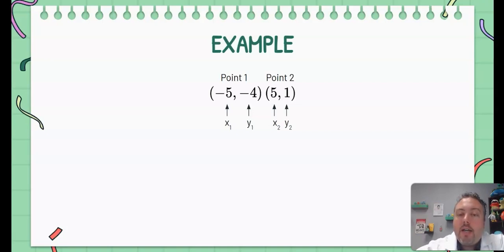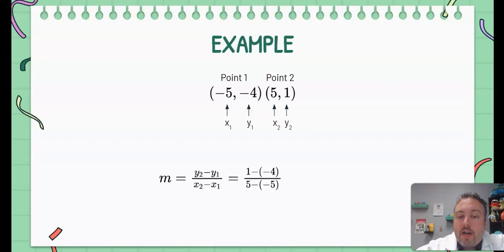The reason I take time to do this is because here's the slope formula. It uses y2 minus y1 and x2 minus x1. If I don't actually know which numbers are which, there's a chance I could make mistakes. So I make sure to label before I plug into the formula. Next step, substitute.